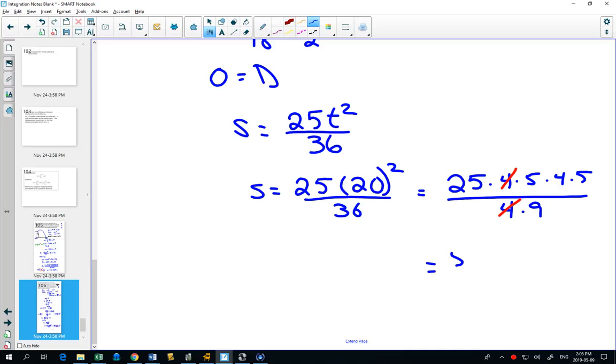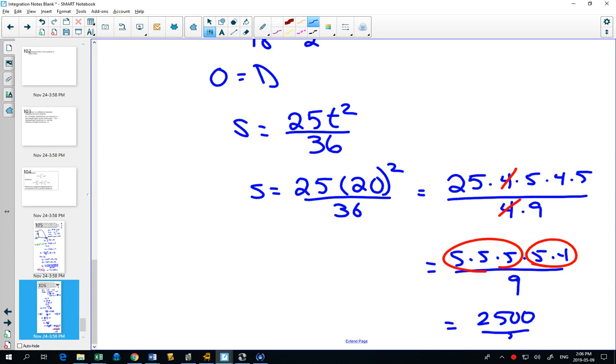And so what I have in the end is 5 times 5 times 5 times 5 times 4, which I might, if I was doing all over 9, if I was doing this mental math, I would probably do that. 5 cubed is 125 times 20. 2,500 over 9 meters.